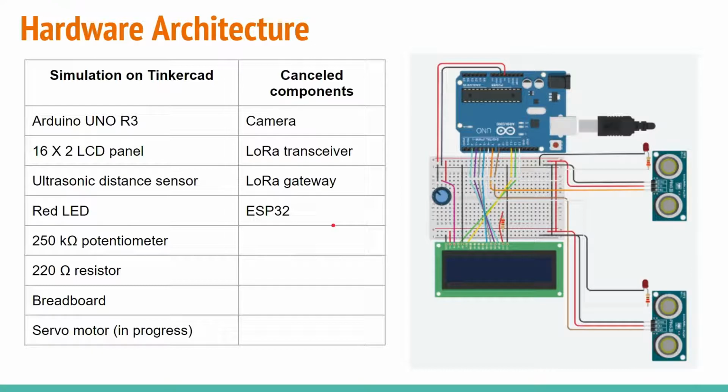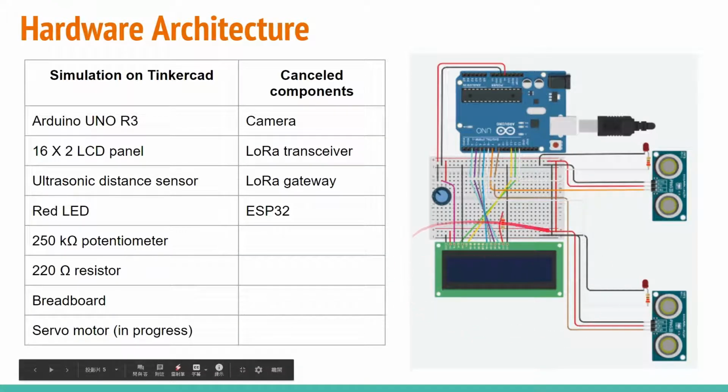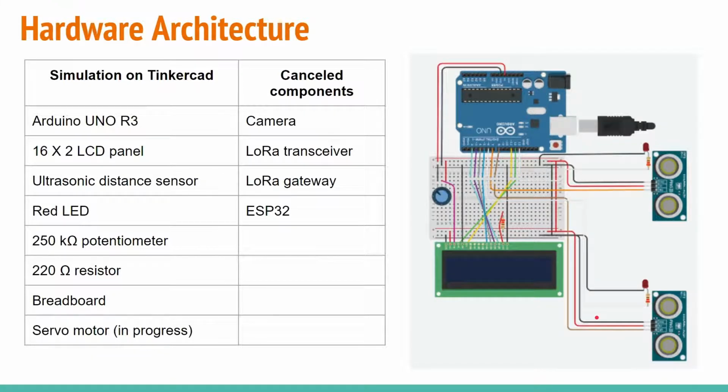For simulating our system on Tinkercad, we would like to include the following components. Arduino Uno R3 is the microprocessor we are using, having 14 digital input or output pins to read or transmit signals. We are going to display messages using the LCD panel, and the ultrasonic distance sensor will be used to detect the distance of the object, simulating the system of detecting the available parking spaces.